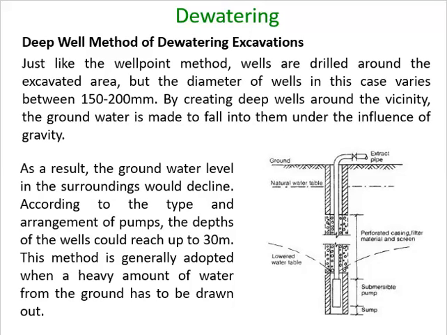The water is allowed to flow towards these wells by gravity. As a result, the groundwater level in the surroundings would decline according to the type and arrangement of pumps. The depths of the wells could reach up to 30 meter. This method is generally adopted when a heavy amount of water from the ground has to be drawn out.